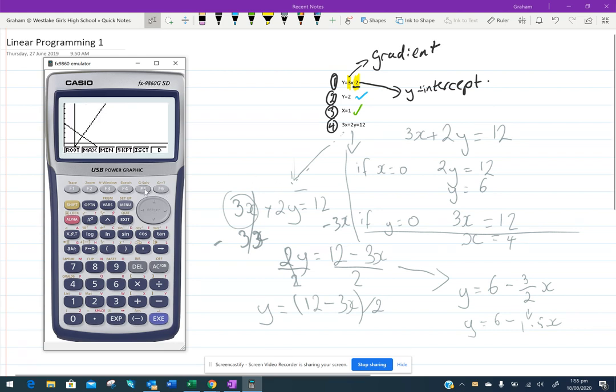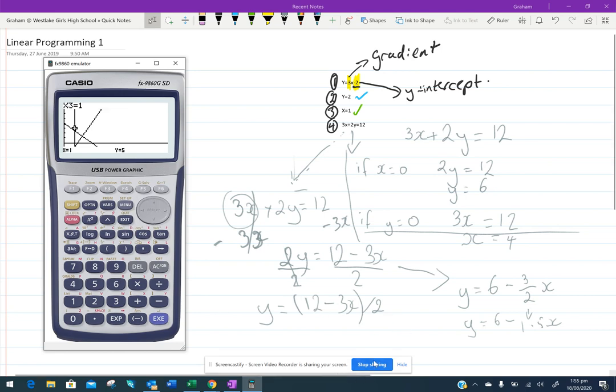Now you have got the option on the graphics calculator to use the intersect, and it will let me choose which two lines I want to find the intersect of, and it will find me the points of intersection. Or I could use trace and allow me to go along those lines, so you can zoom in on different points and move along those lines. That all works as well.